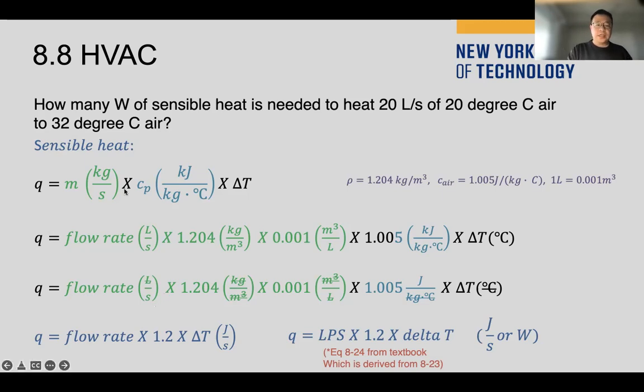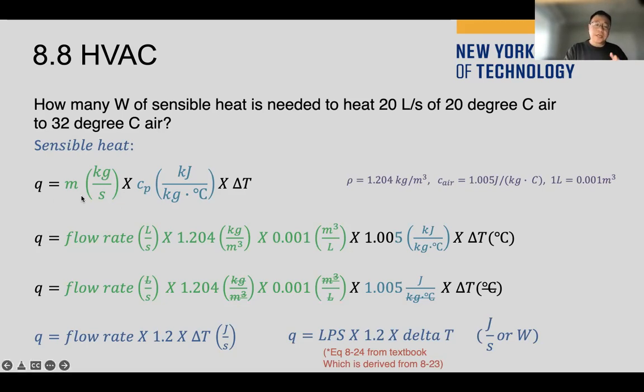From the equation of the sensible heat, the energy here is coming as power, because for the mass, we consider the mass flow rate rather than the mass. Per unit of second, so it's a power.